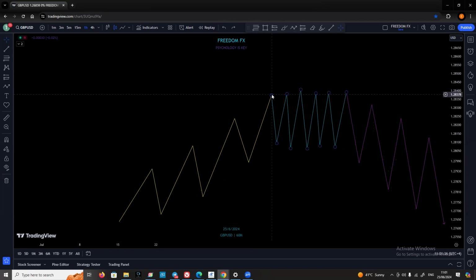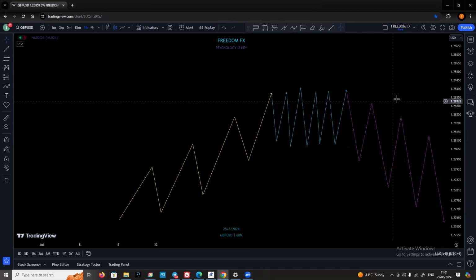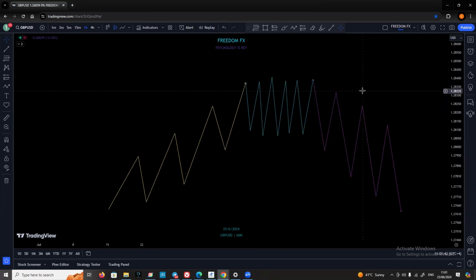If we go down to the 15-minute time frame, you are going to see more in-depth price action than you see on the 1 hour time frame or on the 4 hour time frame. So guys, today's lesson is very simple. Remember, whenever price moves in an uptrend, it will get to a point where it's going to consolidate.